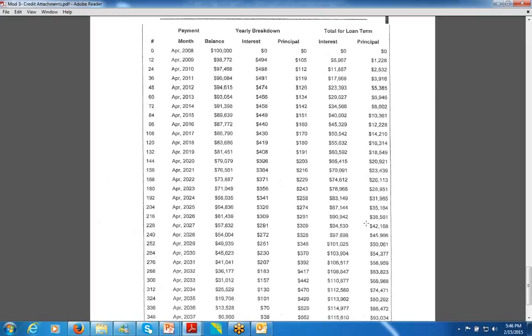Now, when you go to bankrate.com, you can go into an amortization, and it will allow you to say, what if I pay an extra $100 a month? What does this pay down look like? What if I paid an extra $100 a month and an extra payment a year? What does that payment look like? And you can set your plan for how you can pay it down faster, accrue your equity faster, and pay less interest over the life of the loan.